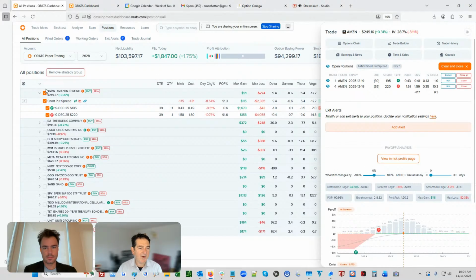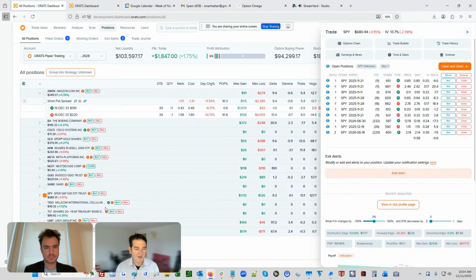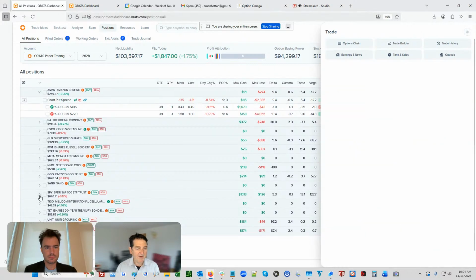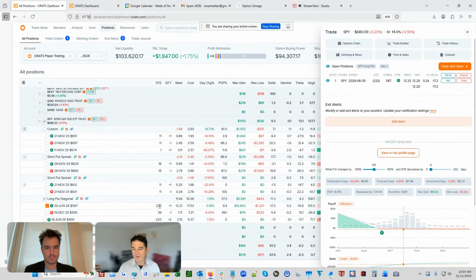Yeah. So let's just look at that example that you just made. So let me go to a position where I have different expirations. So okay, here's a put in SPY at 232 days.